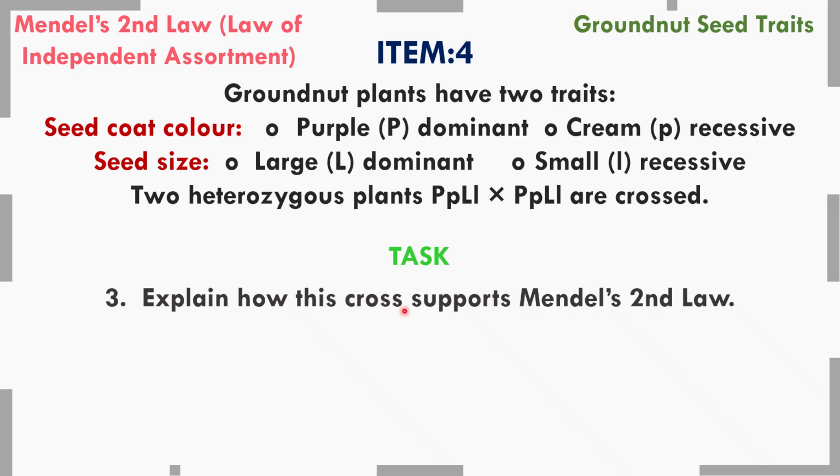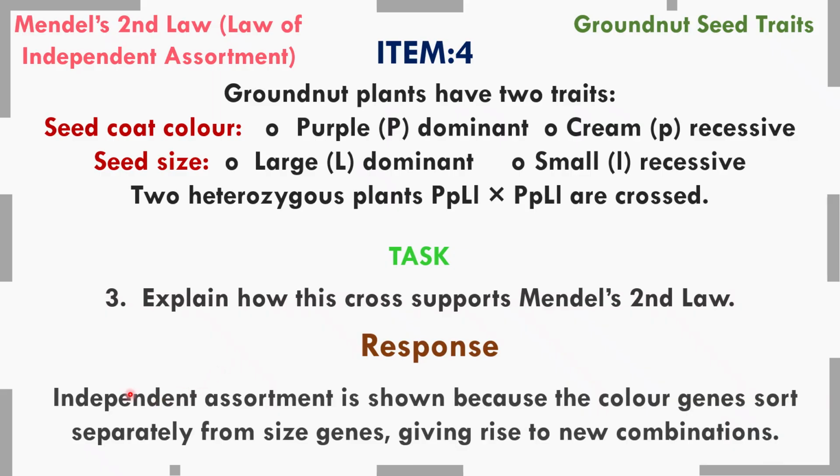Independent assortment is shown because the color genes sort separately from size genes, giving rise to new combinations.